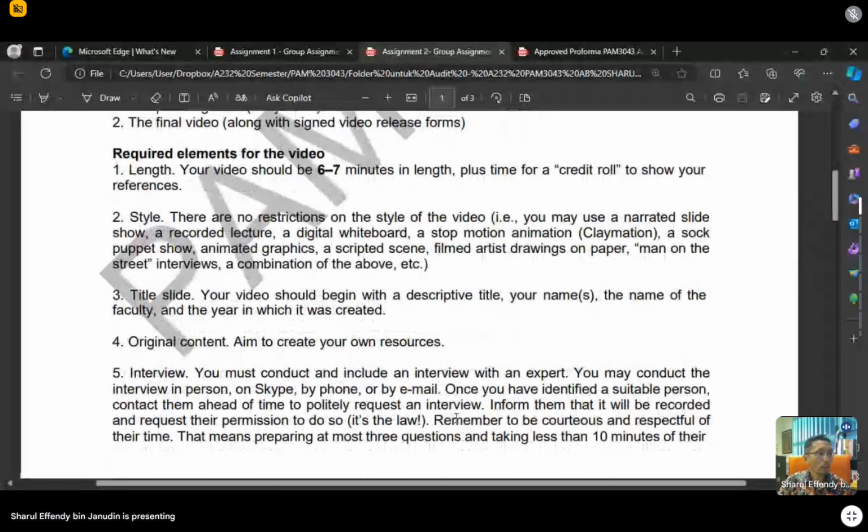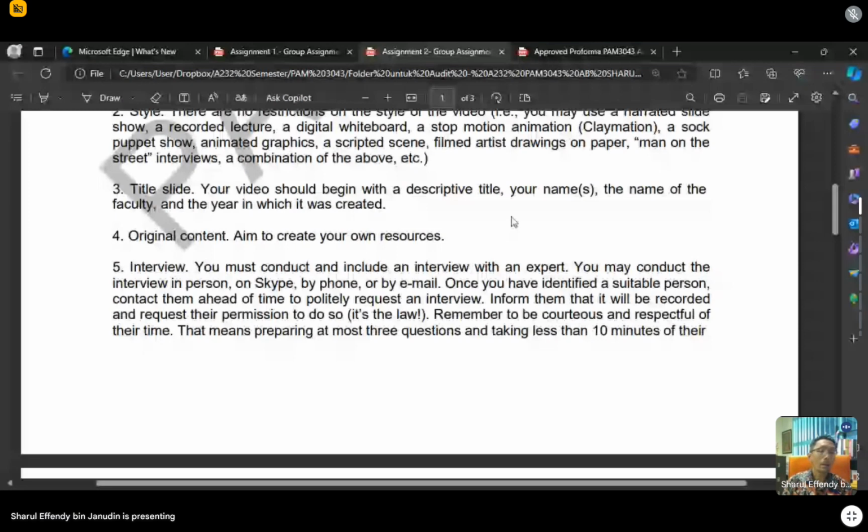It should be original content, your own. You may refer to any video on YouTube, but you need to produce your own idea. It's so easy for me to detect whether it is your video or you just copied and pasted from others.